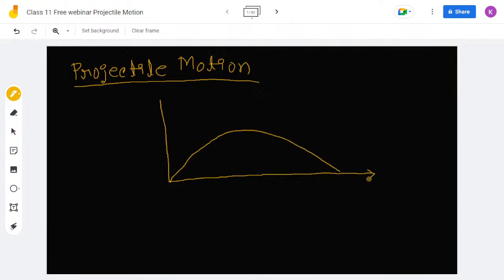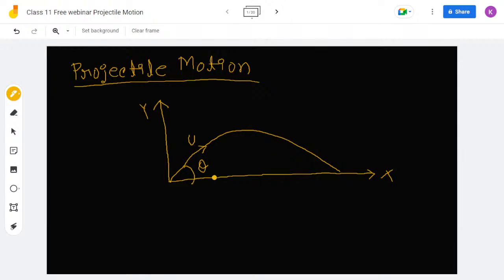we get x-axis, y-axis, and the object is thrown at an angle theta. Let us assume that the object is thrown at u velocity.